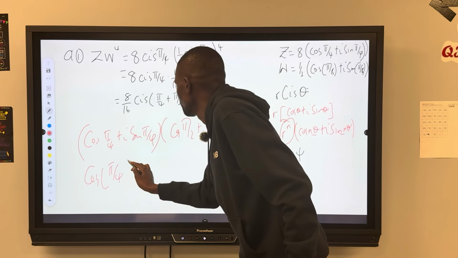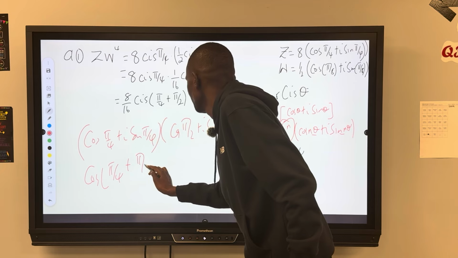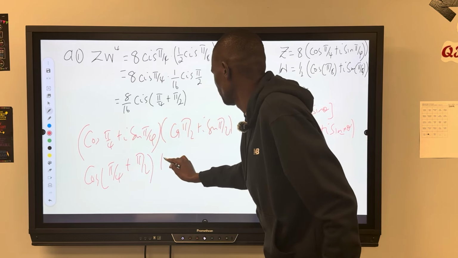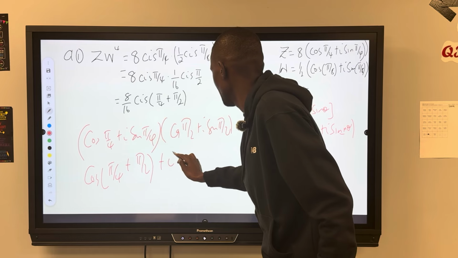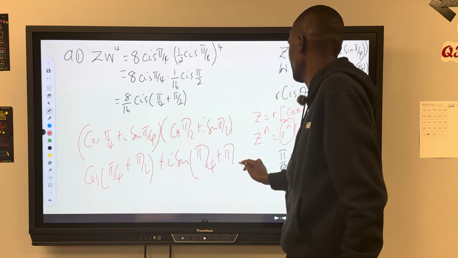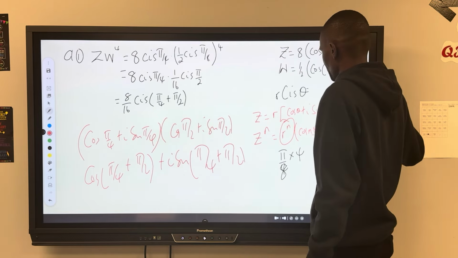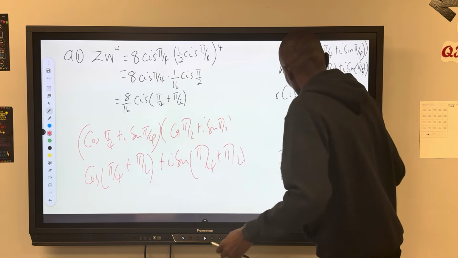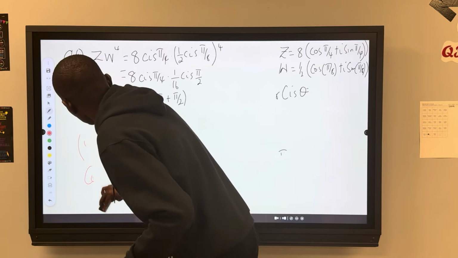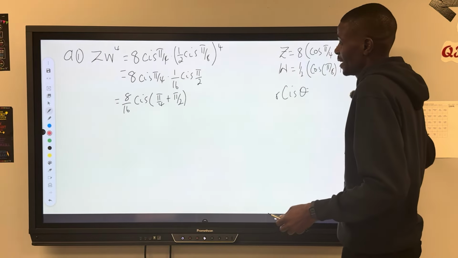You sum these two angles together, then you do the same for the sine, you sum these up again. So that's how we simplify it. I'll go ahead and simplify that part.